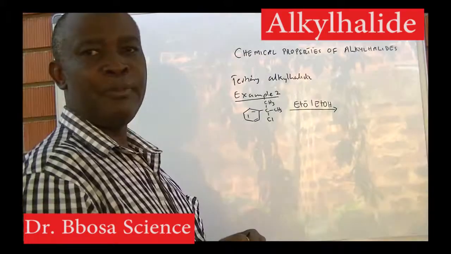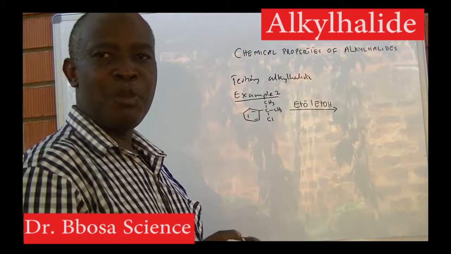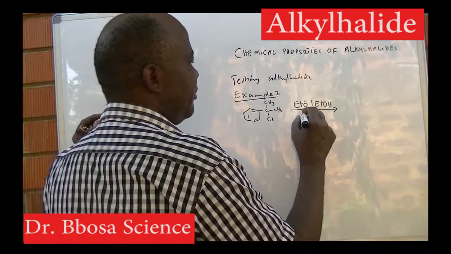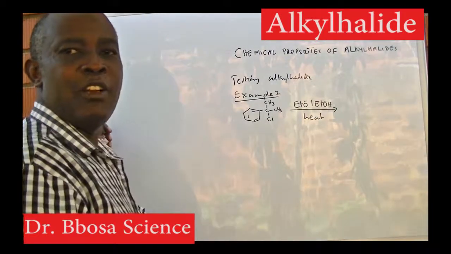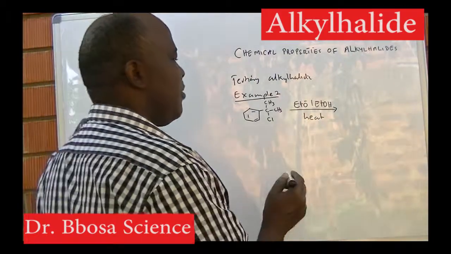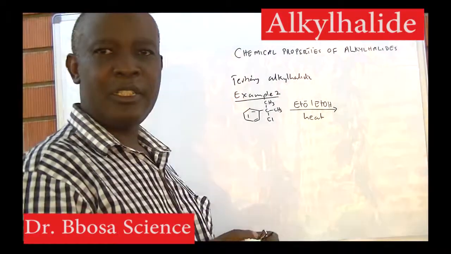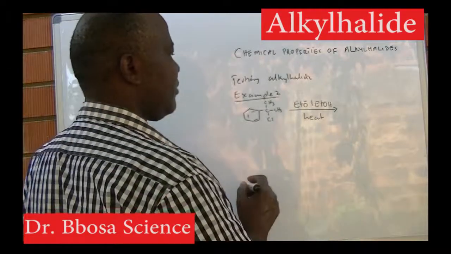Example 2: 2-chloro-2-phenylpropane reacts with hot ethanolic potassium hydroxide to form an alkene. You can pause, complete, and then write a mechanism.